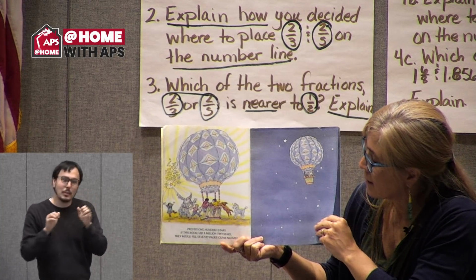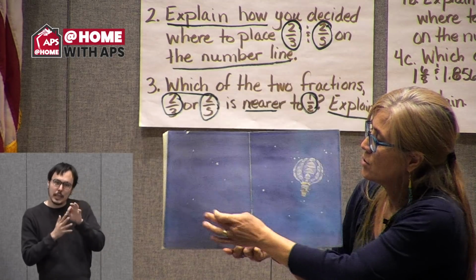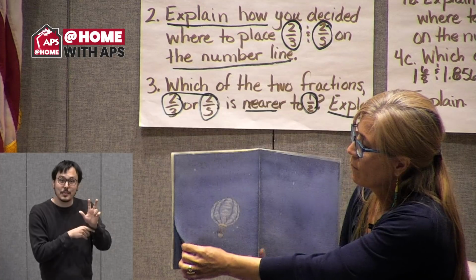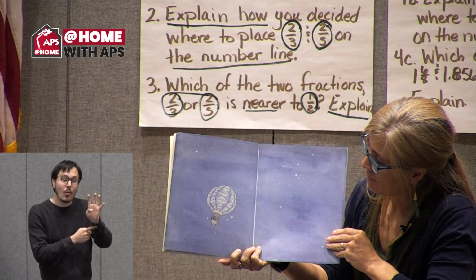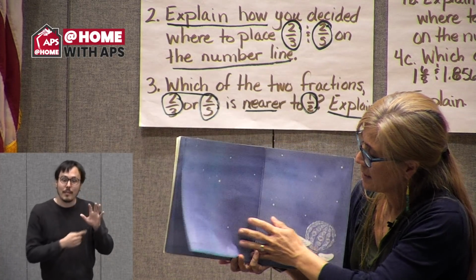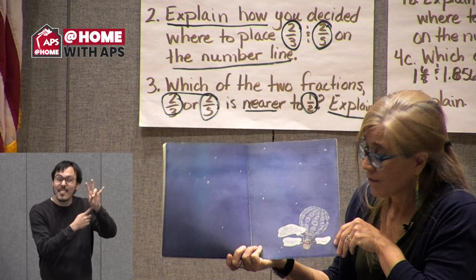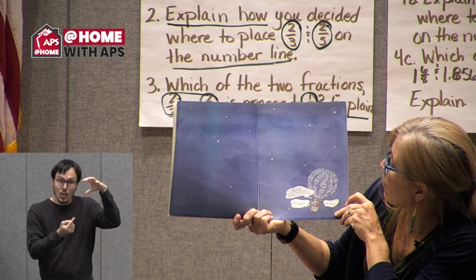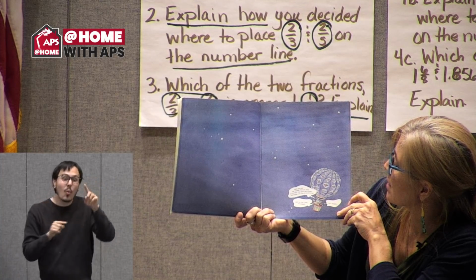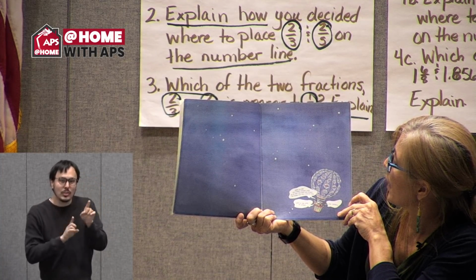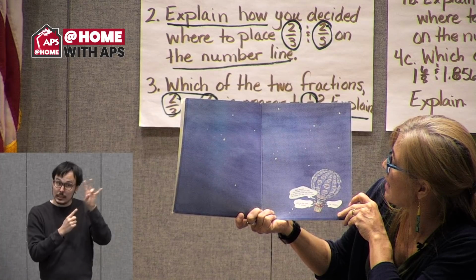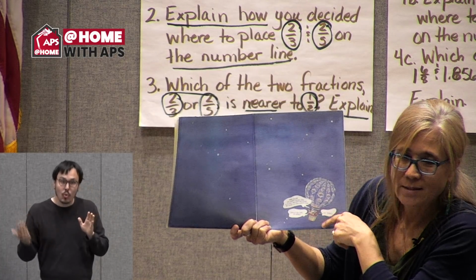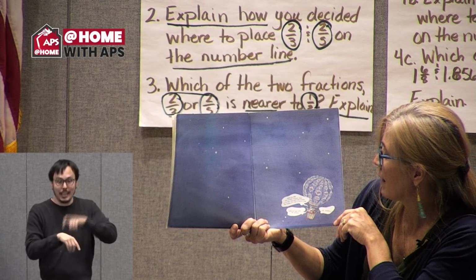So let's see. 1, 2, 3, 4, 5, 6, 7 pages so far filled with stars. And the balloon is saying, there you have 100,000 stars. If we take a 7-page journey 10 times, we'll pass 1 million stars. And the passengers are saying, let's do that later.